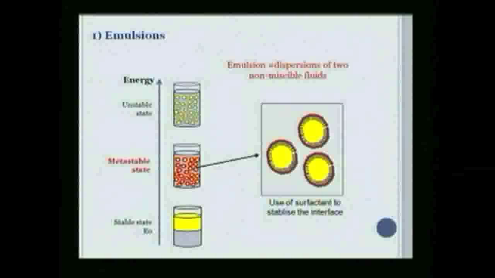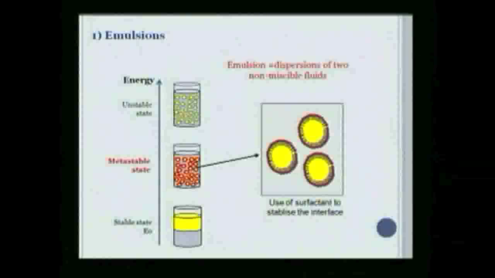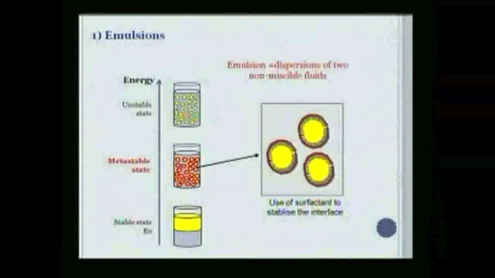Why do you obtain this? Because it is the equilibrium state. It is the minimum of energy. If you calculate the energy of the system, you will have the minimum of energy here. Well, it's possible to mix oil and water, of course, very temporarily.